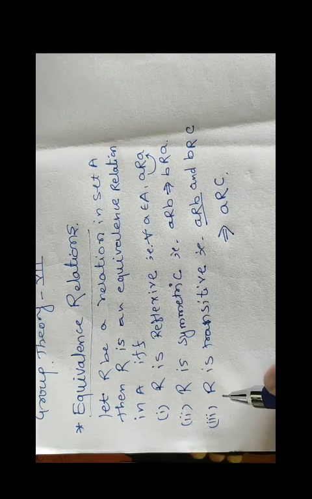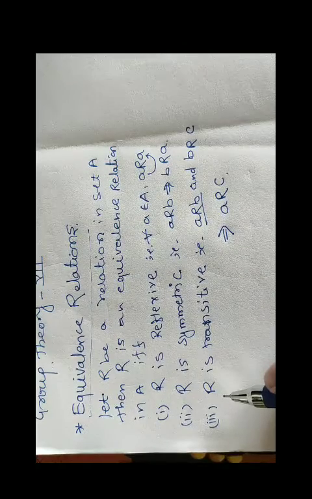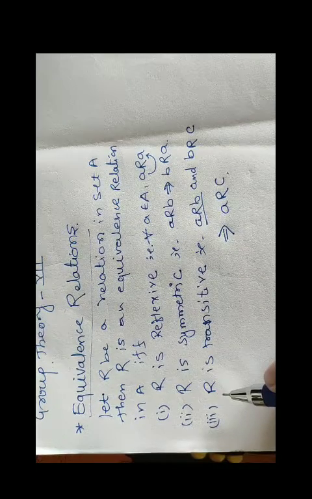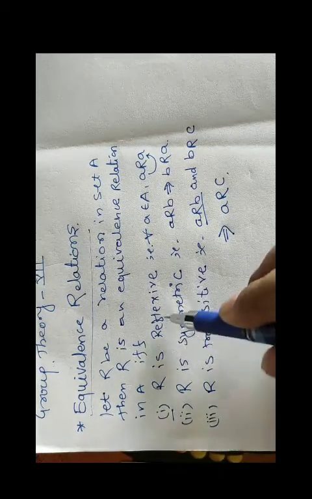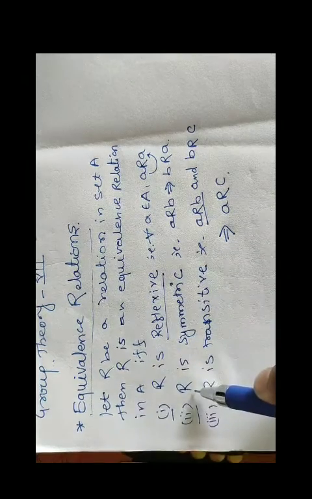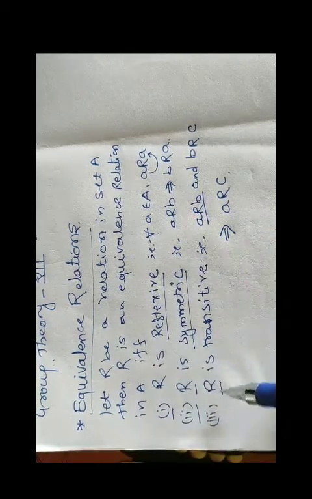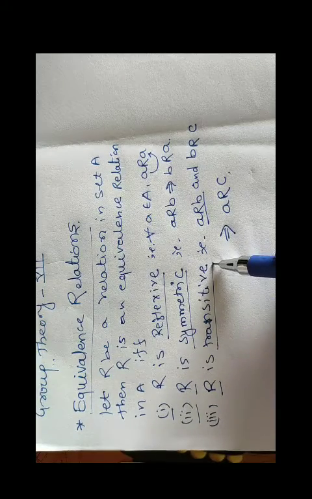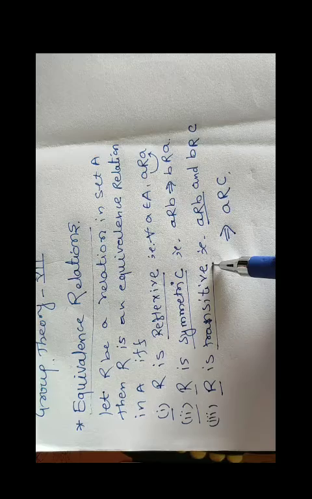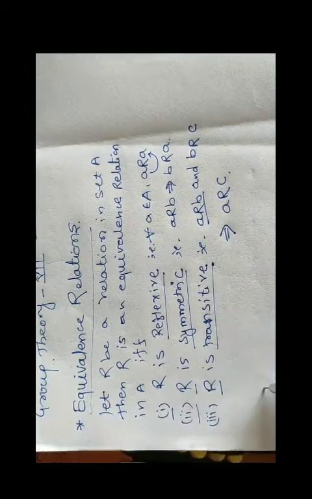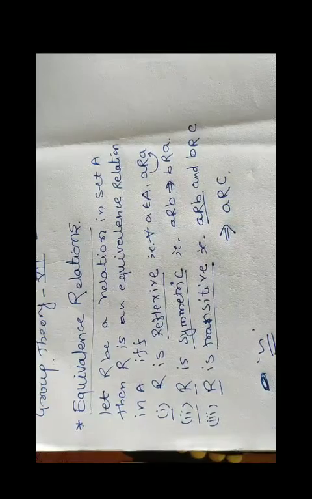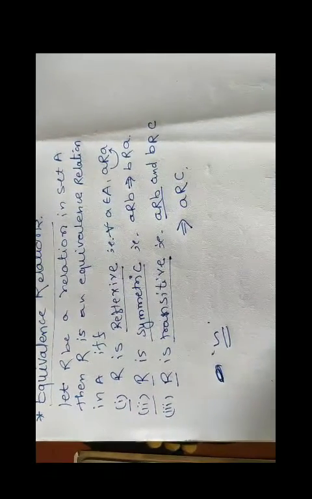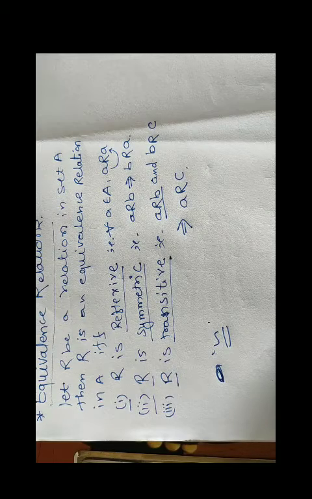So any relation defined in set A, if it satisfies these three conditions: first, R must be reflexive; second, R is symmetric; third, R is transitive, then we say that the relation is an equivalence relation. An equivalence relation is generally denoted by this symbol.